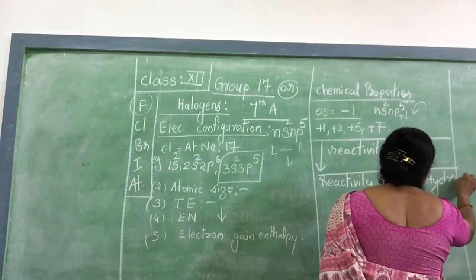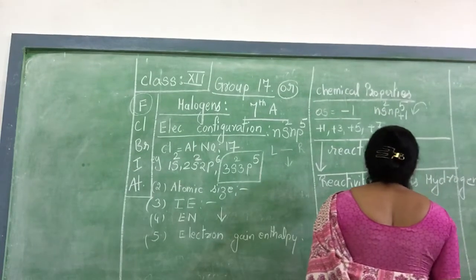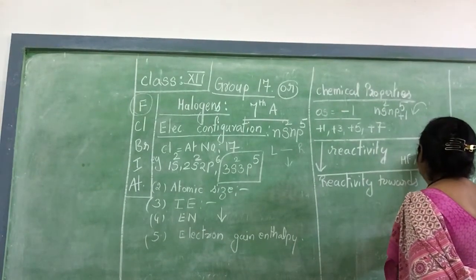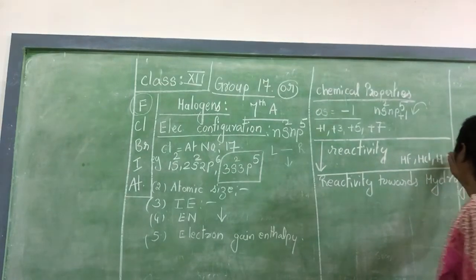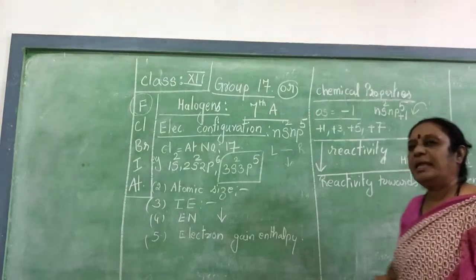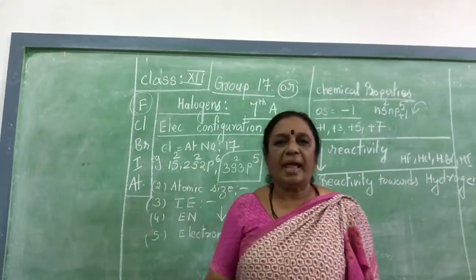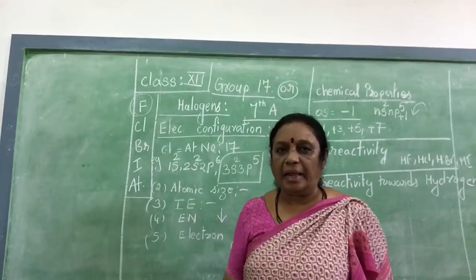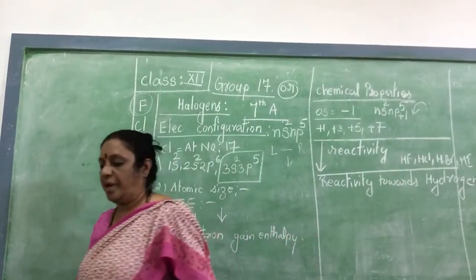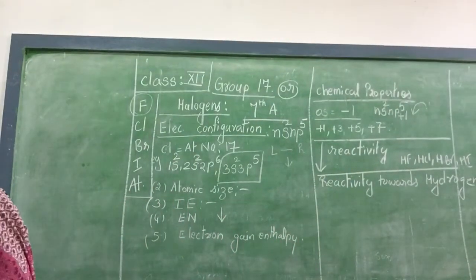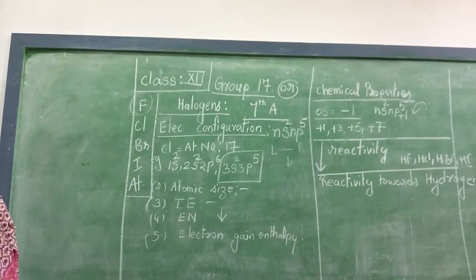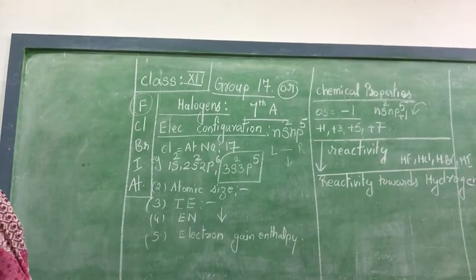All the group 17 elements react with hydrogen to form hydrogen halides, that is HF, HCl, HBr and HI. Children, you have to note down these points. The affinity for hydrogen decreases from fluorine to iodine.